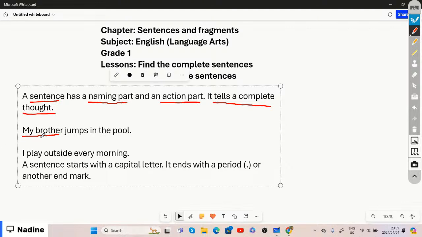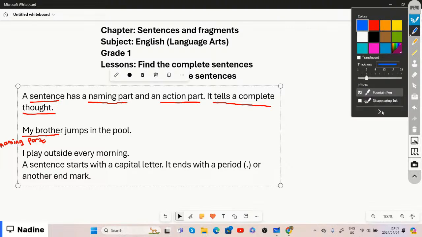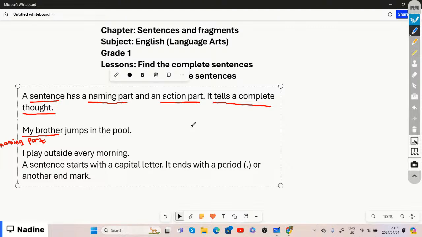So I'm going to say here, naming part. And then jumps in the pool is our fragment.